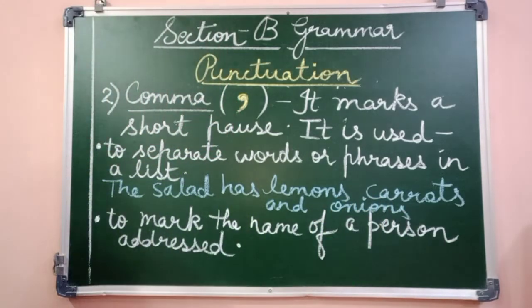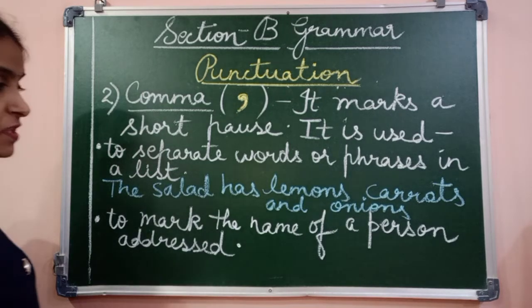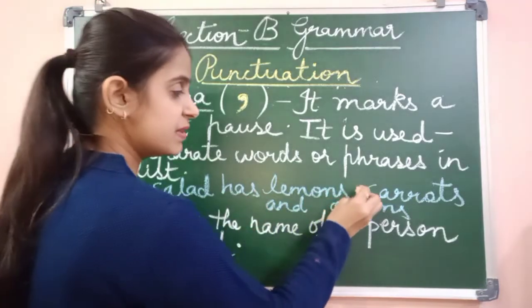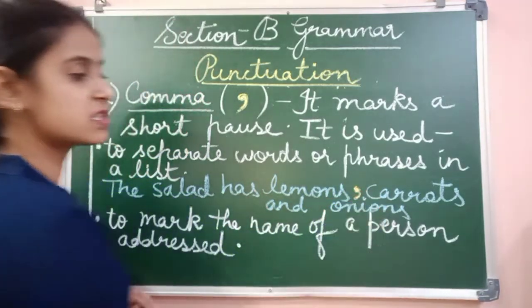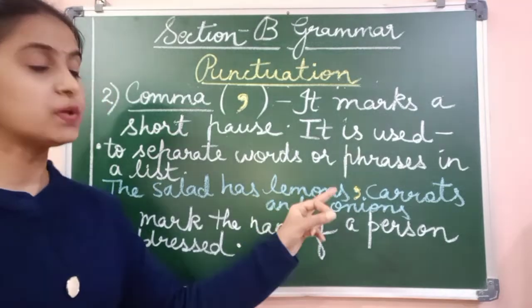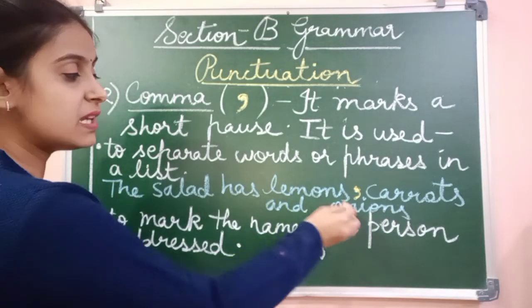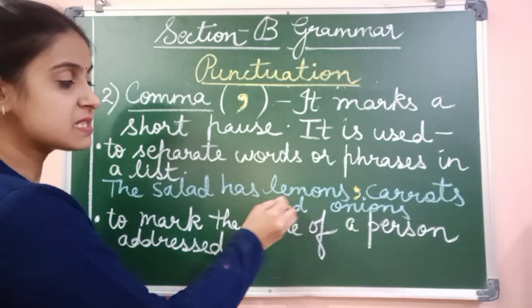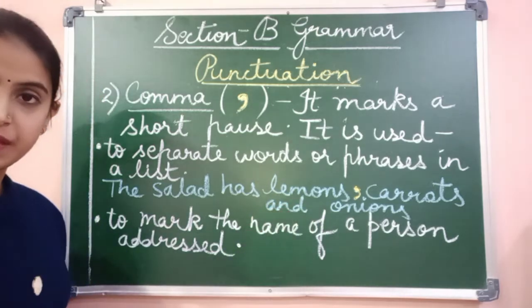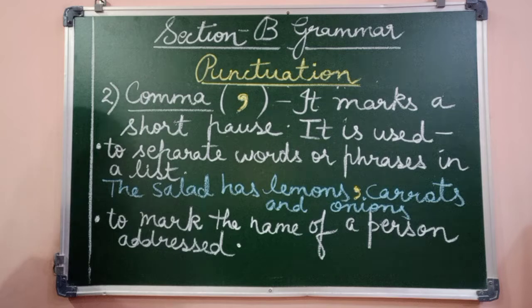Now, if we have to separate the items in a list, we will use a comma. So the comma will be used after the salad has lemons. Now we have to separate the items using comma. If we have more number of items, we will put comma after every item, not before the last item, because we have and over there, right? So a comma is used to separate words or phrases in a list.